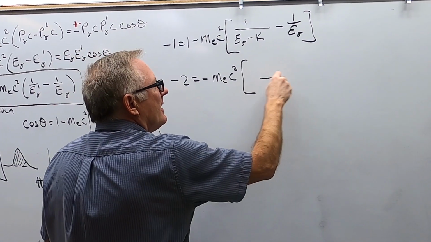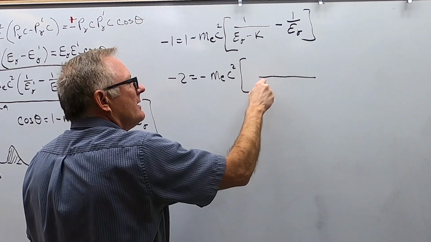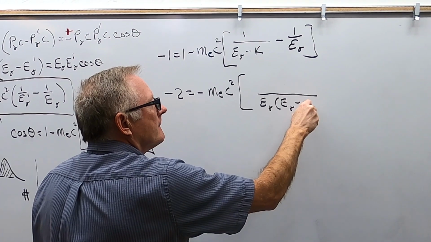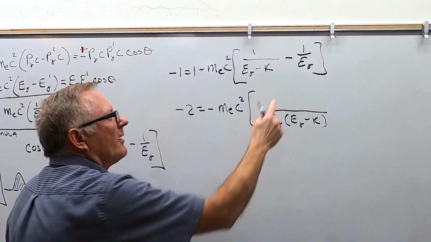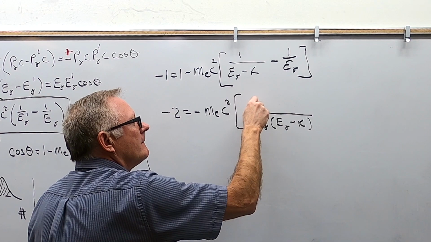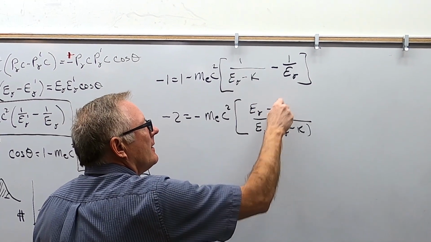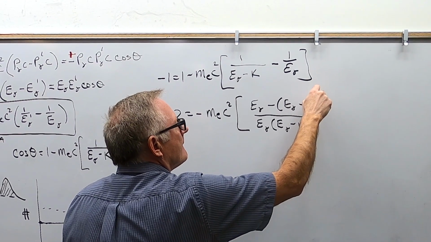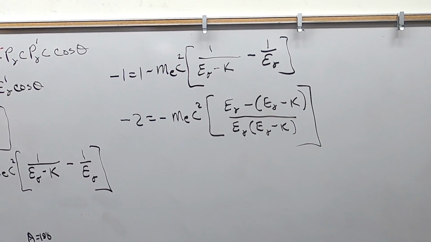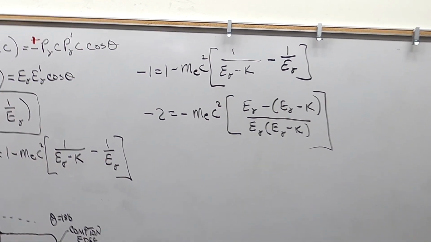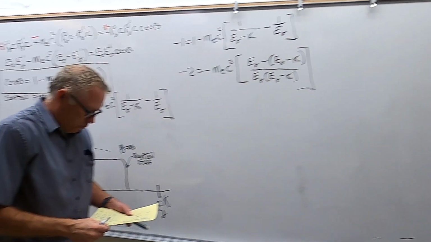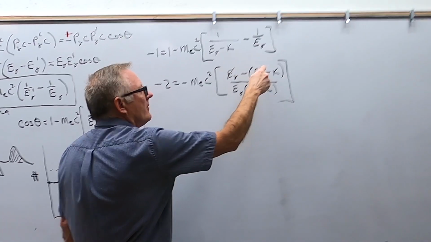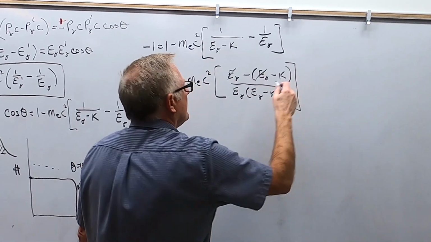And so my common denominator will just be the product of those two, E gamma times E gamma minus K. And in the numerator, I would have this, E gamma minus this, E gamma minus K. Okay, so now, well, this and this cancel out. And so this is just K right there.